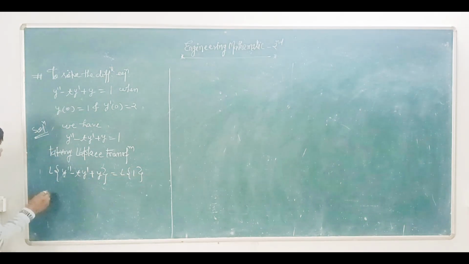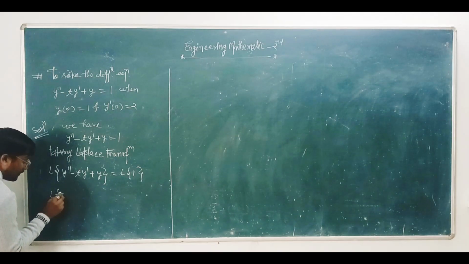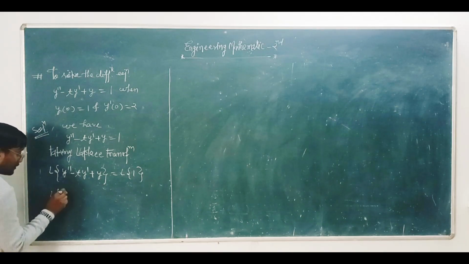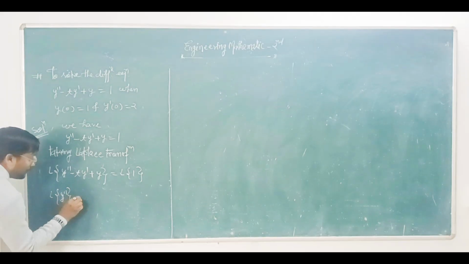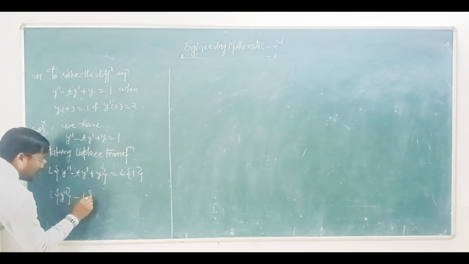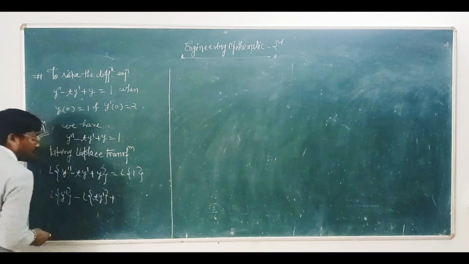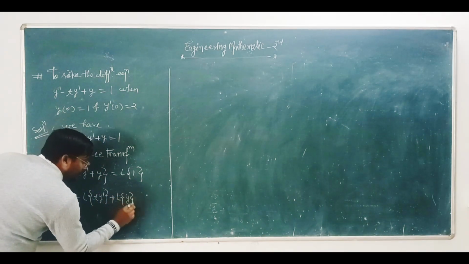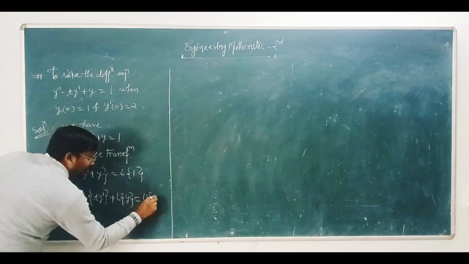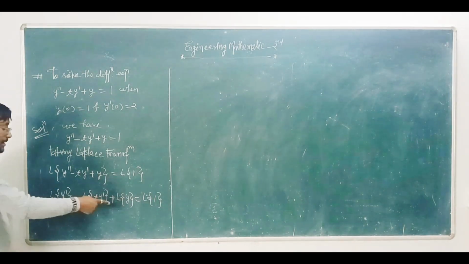Now you can write Laplace of y double dash minus Laplace of t y dash plus Laplace of y is equal to Laplace of 1. Now you can put all the derivative values of Laplace.